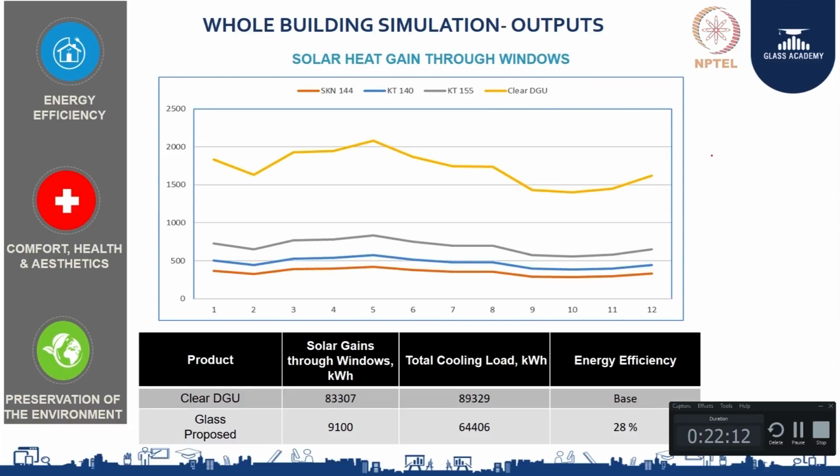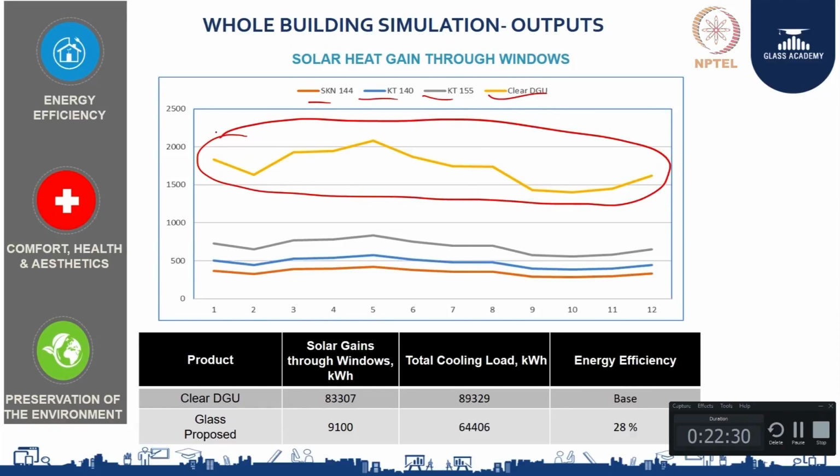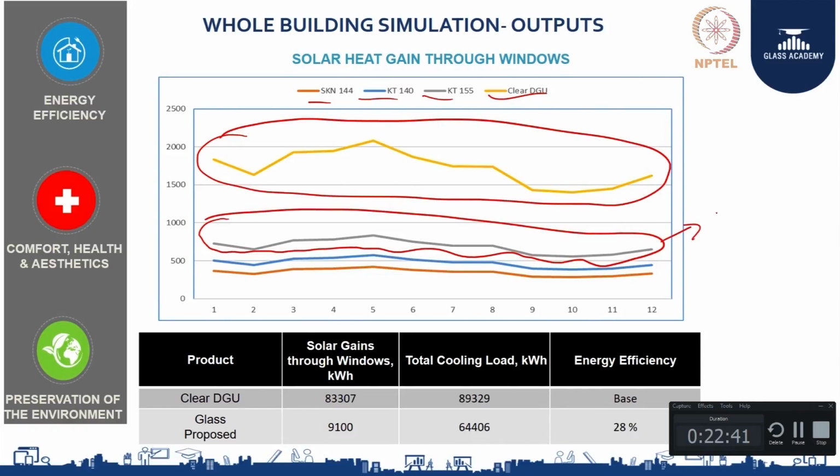So this solar gains through the windows, you can see that here this is a case study with different products. So case 1 we have plotted for clear DGU for a particular building. These are the proposed glasses, 3 proposed glasses. You can see that the solar gain of clear glass is somewhere around 1500 to 2000 kilowatt hours. It goes down to somewhere between 750 when I use this particular product 1. Okay.